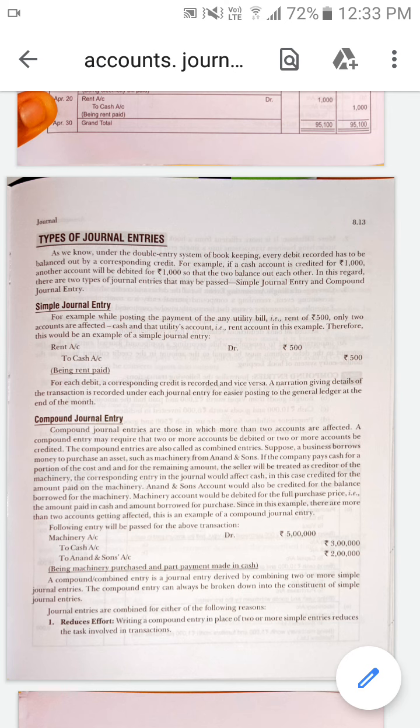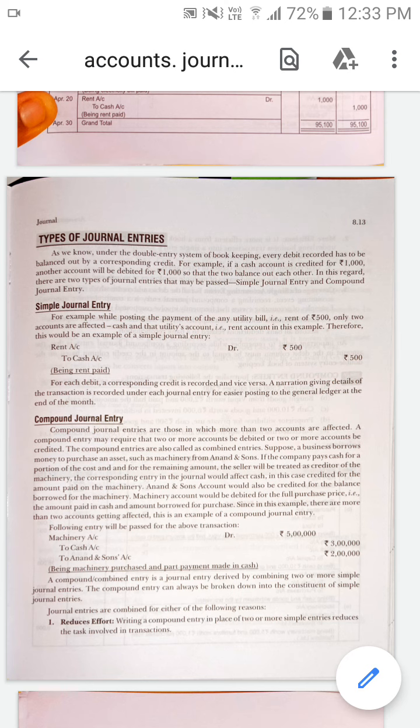Understood? So what will be the journal entry? The asset is coming in, and it is machinery. So the machinery account is debited with the value of 5 lakhs, and at the time of purchasing, 3 lakhs is paid in cash.